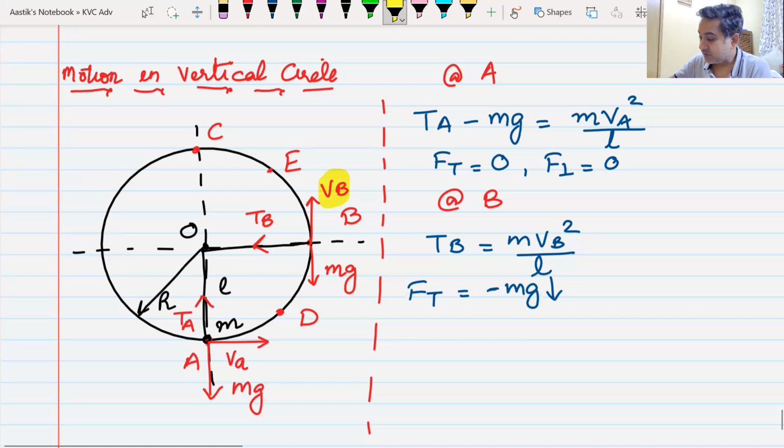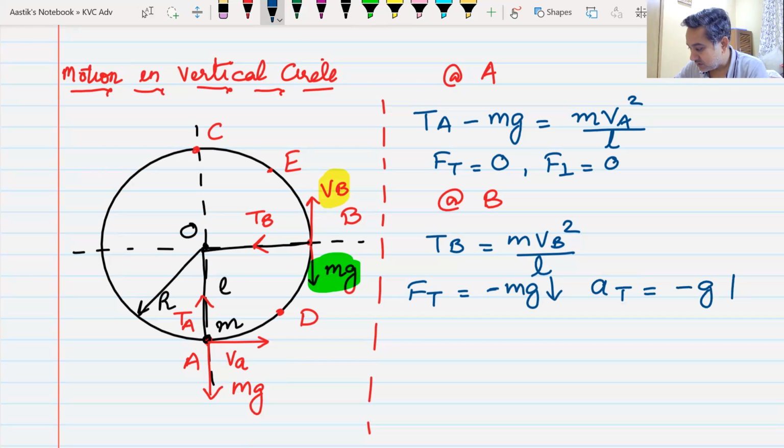Yes, sir. Because it is opposite to the direction of velocity. So that gives you your tangential acceleration. What is your tangential acceleration? Minus g. The direction is downwards.